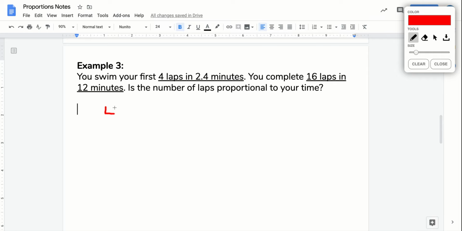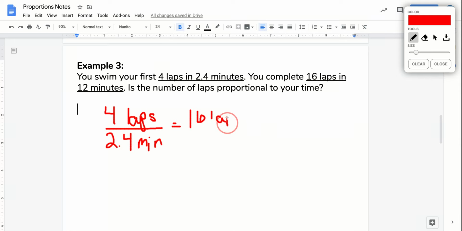So I have 4 laps over the 2.4 minutes equals 16 laps over 12 minutes.